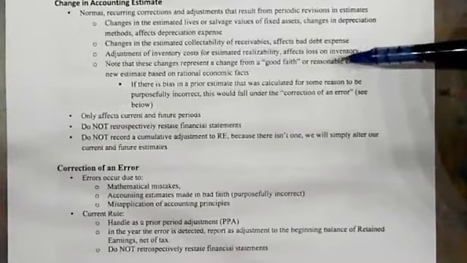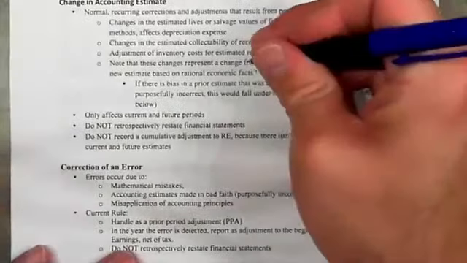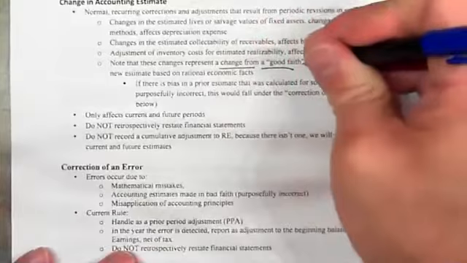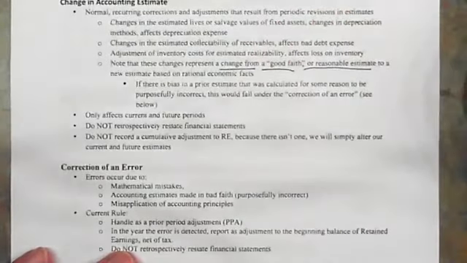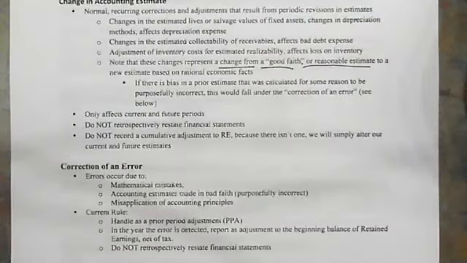But note that these are all changes from a good faith or reasonable estimate. If there was bias in the prior estimate, if there was some sort of manipulation going on, that it was purposely incorrect, this would be a correction of an error. So again, there's some gray area here. You have to make sure that this was a grounded, rational estimate in the first place and not one that was purposely misstated.